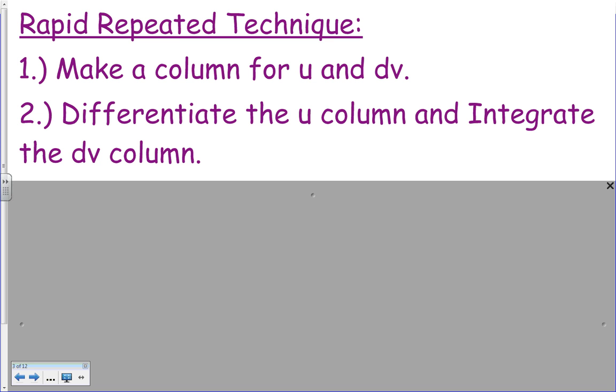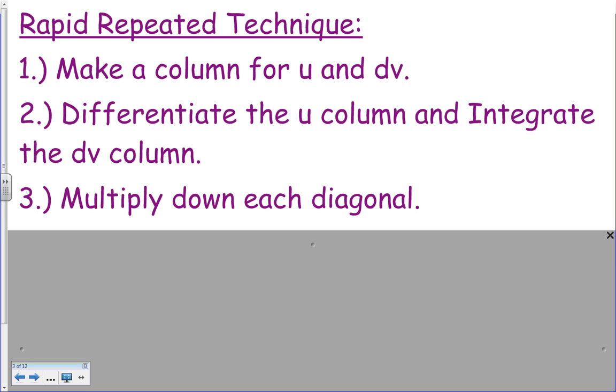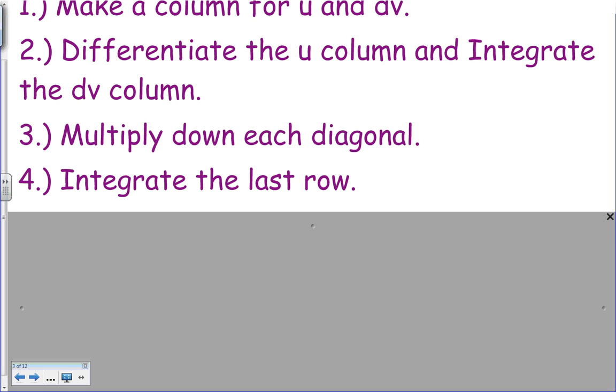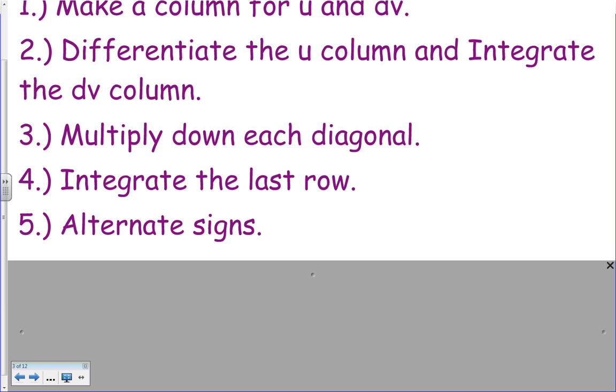You integrated dv to do that. And then we're going to multiply down each diagonal. We saw that. That was that blue arrow we had a second ago. And we have to integrate that last row each time. So whatever the bottom row is, we have to integrate it. And then finally, alternate signs. We saw in that example that it changed sign from positive to negative back to positive.